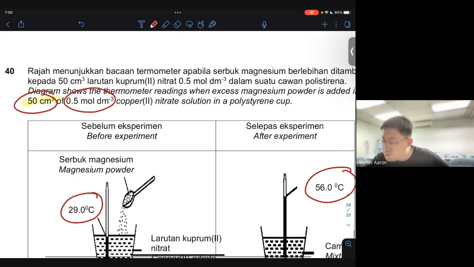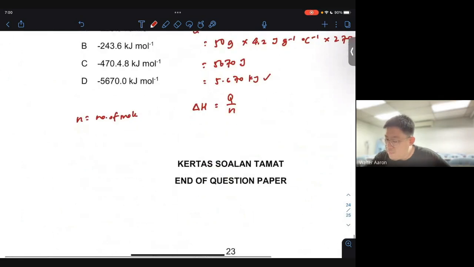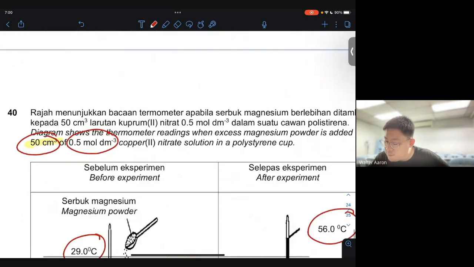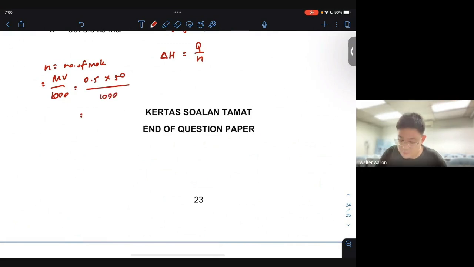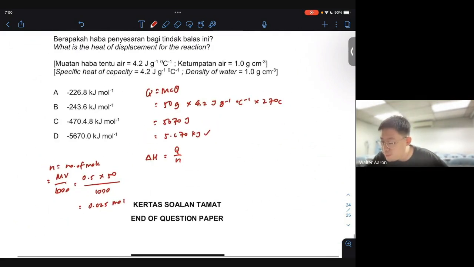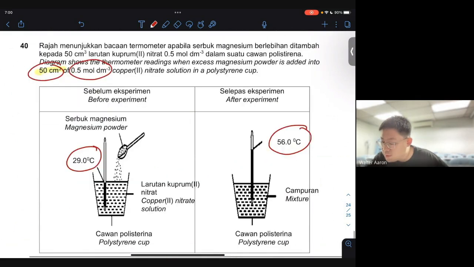So just use the same values. We're going to use MV over 1000 in this case. So we have 0.5 and 50, divided by 1000. So the answer here will be 0.025 mole.